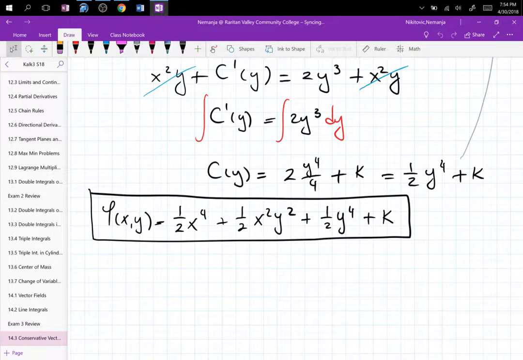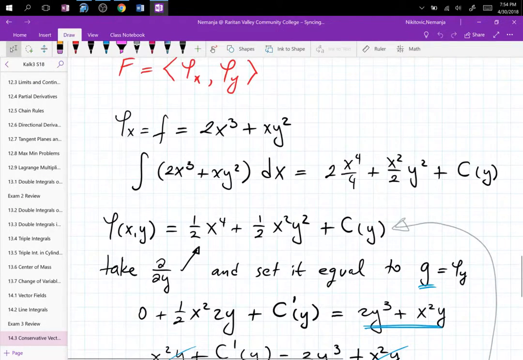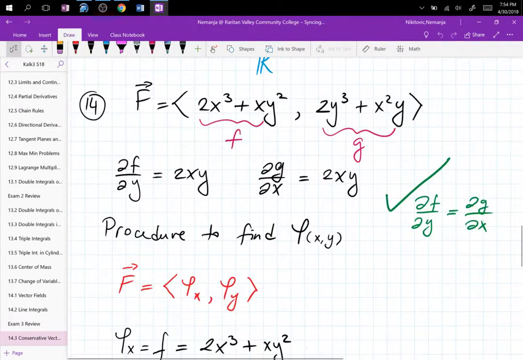Now, I will encourage you to go home and take the same problem and start from g. So you find the integral of g with respect to y. You will get phi, which will have plus c of x, right? And then differentiate with respect to x, set it equal to f, and then figure out what c of x is eventually.